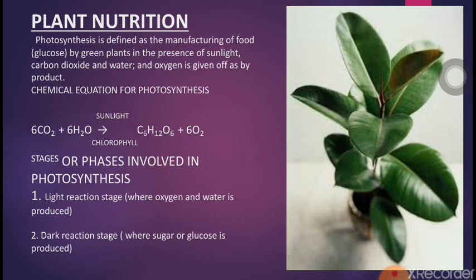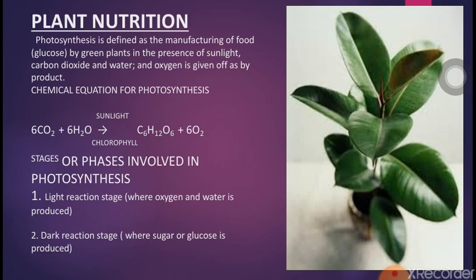The word photo is coined from the word light. That means food is produced in the presence of light and some other inorganic substances like CO2 and H2O. And oxygen is given as a byproduct, which can also be termed a waste product.